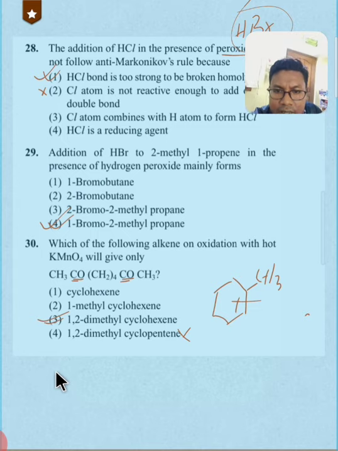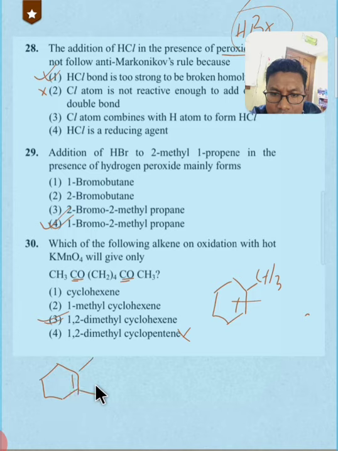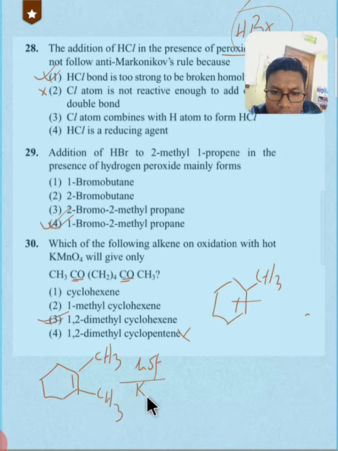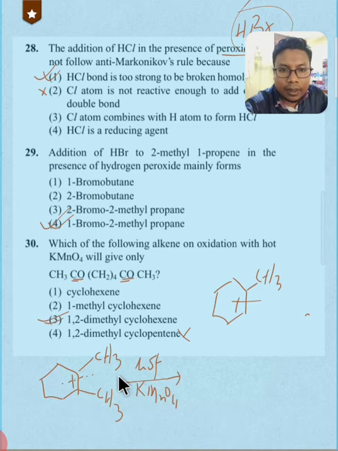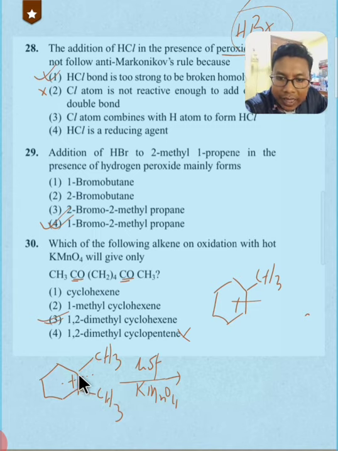Let me write the reaction here. This is our cyclohexene, and to this carbon atom and to this carbon atom a methyl group will be attached, and if it is reacted with hot KMnO4, this will be broken just like in ozonolysis, and we are going to add 2 oxygen atoms with double bonds here.